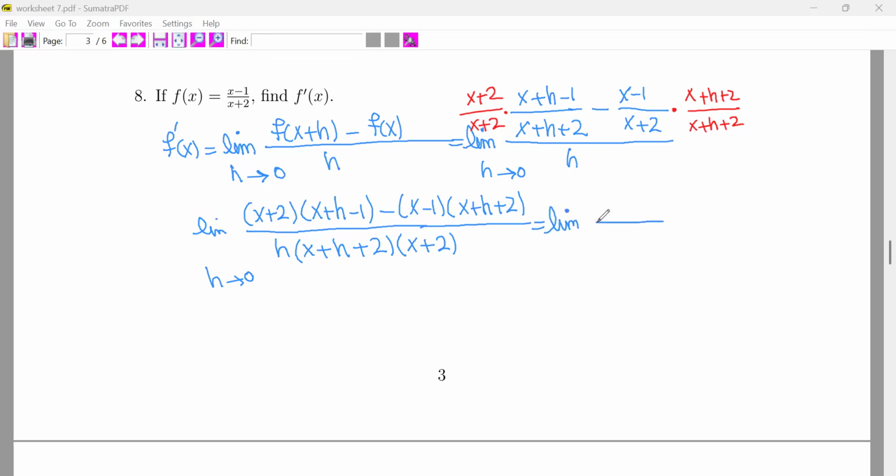Now we are going to multiply all that we have for the numerator. So let's write the denominator here down.